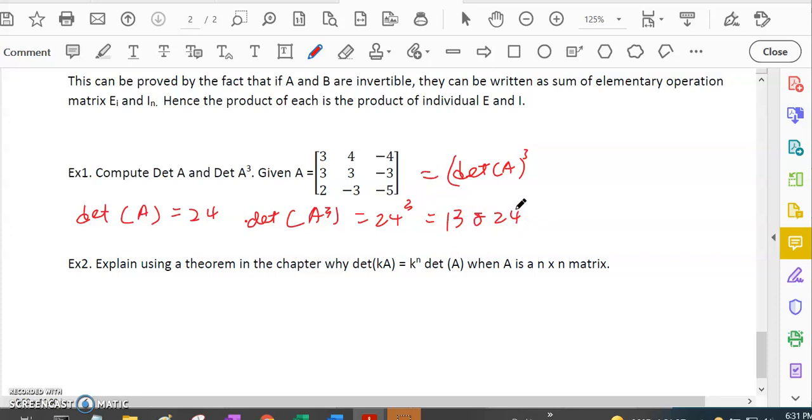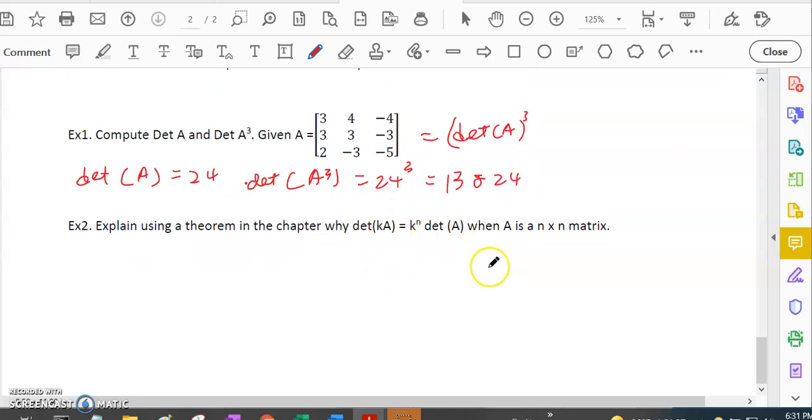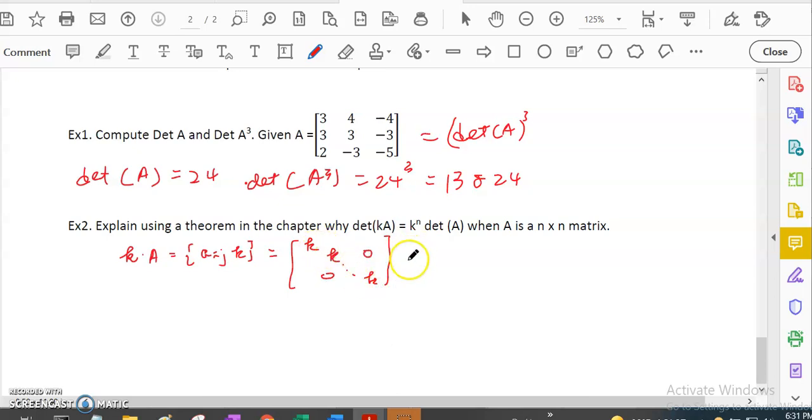Last one, explain why the determinant of kA equals k to the power n times the determinant of A. So a scalar is k, right? If I want to do kA, that means every single entry a_ij has to be multiplied by k. And this is only possible if you do this: take k on the diagonal like an identity matrix, times A, right?